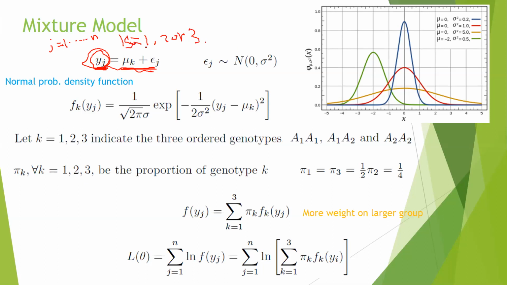If we want to model the phenotypic value for a specific individual from your sample, the jth individual, and this one comes from the first subgroup, we can use Yj equals mu1 plus random error. Is that clear? Okay.